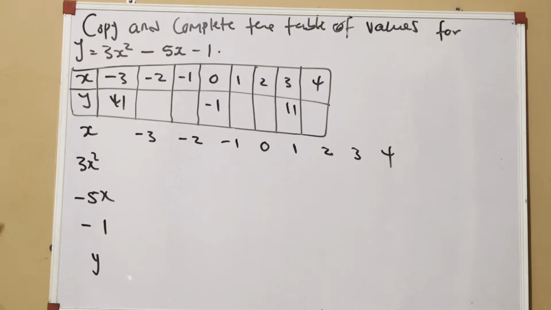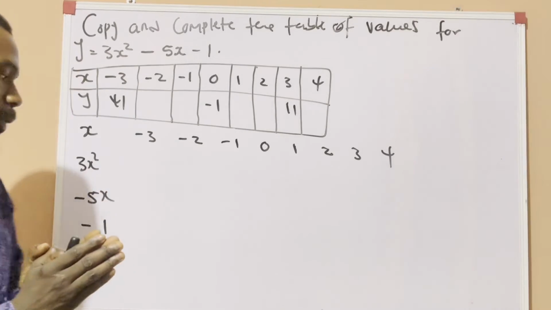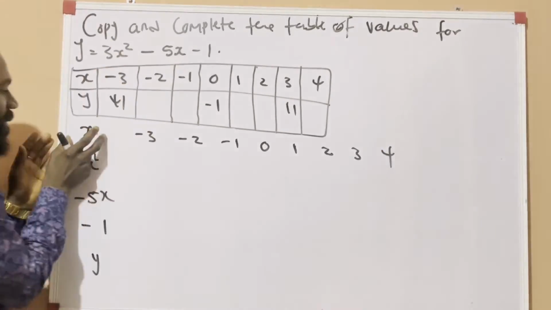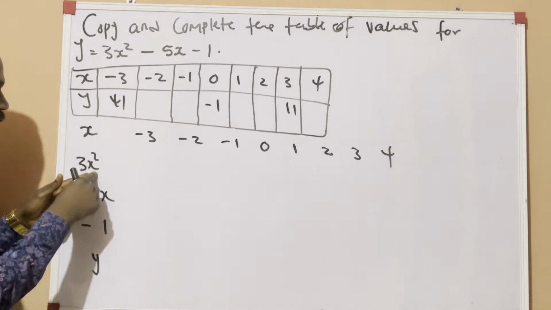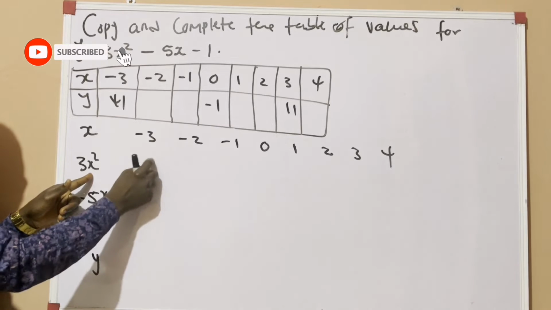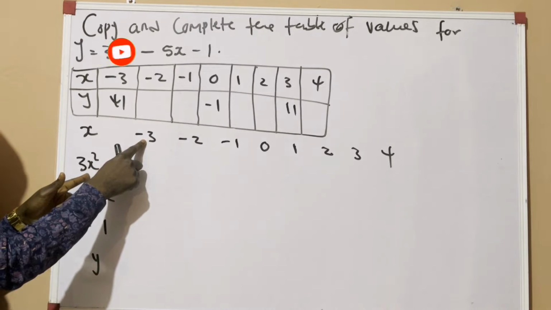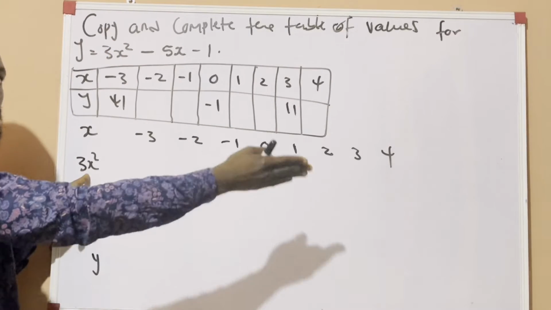Okay, and then now this is what we're going to do. How can we get the next row? It is very simple. Here, all these values you have here stand for x. So if we say 3x squared, it means at this point, if I want to get this first spot here, x is minus 3. Are you with me? If I want to get the second, it means x is minus 2, and so on and so forth.